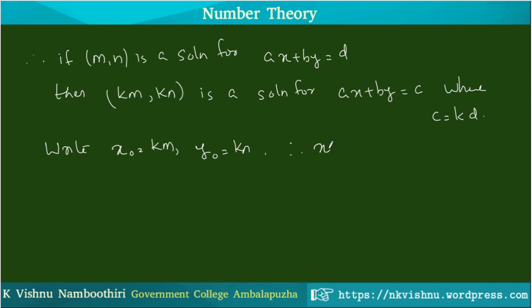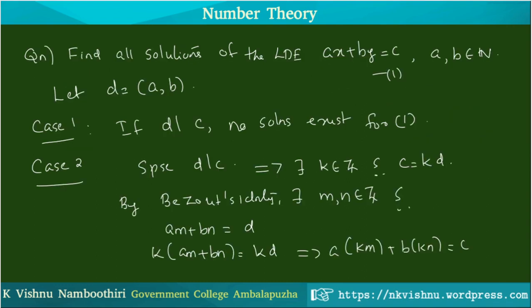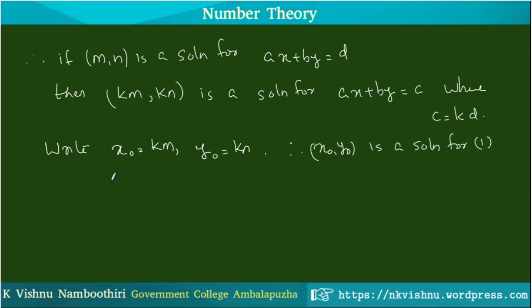Therefore, (x0, y0) is a solution for equation 1, which is ax plus by is equal to c. Therefore, a x0 plus b y0 equal to c.